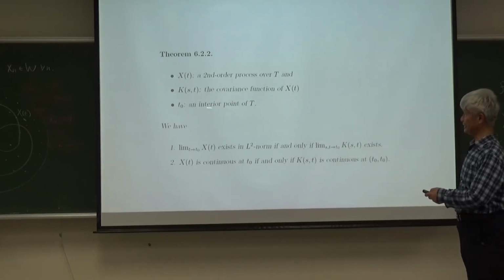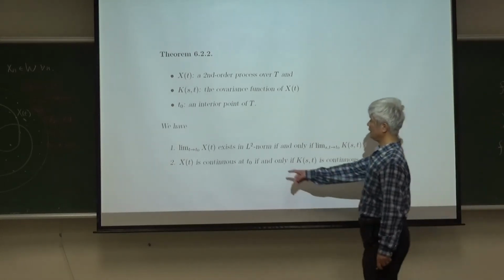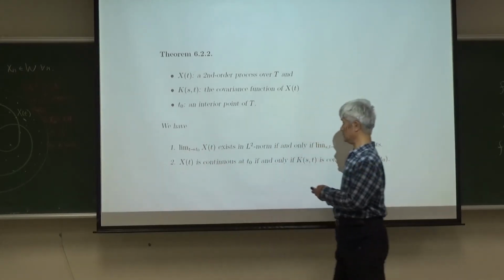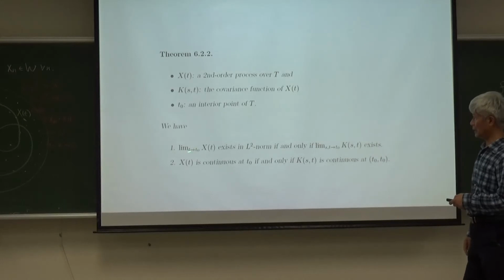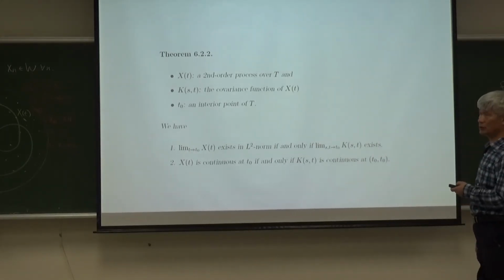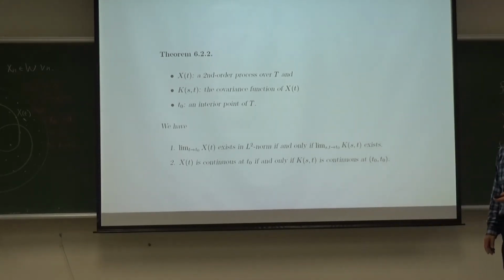And t0 is an interior point of T. Then the limit of the curve x of t as t goes to t0 exists in the L2 norm, which means that this limit exists in the Hilbert space L2, if and only if the limit of the covariance function k(s,t) as s and t go to t0 exists. So you can see this is the equivalent condition.